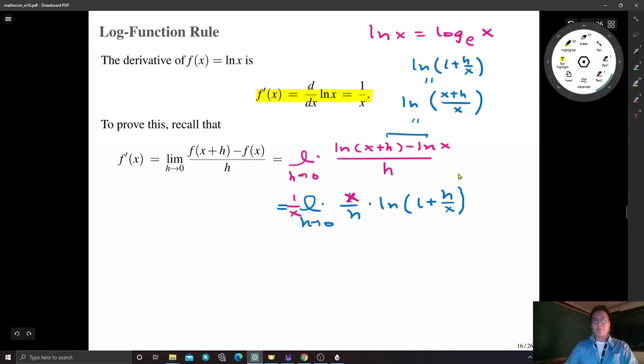Then I can bring it back to the power. So this limit is equal to 1 over x, limit of ln of (1 plus h over x) to the power of x over h, as h goes to 0.